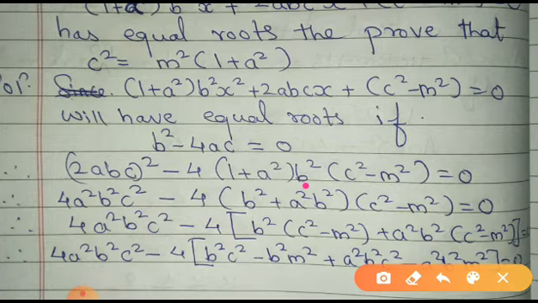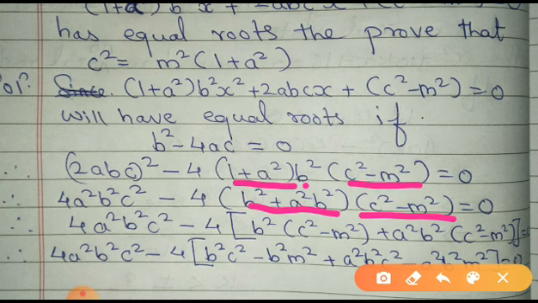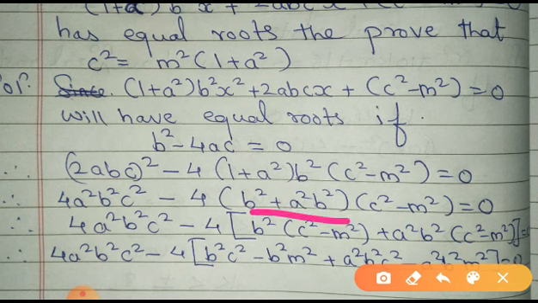This b² I have multiplied inside the bracket, so it becomes (b² + a²b²), and this bracket as it is. Next step, these two brackets should be multiplied, so make use of the distributive property: b² into this, plus a²b² into this again, and simplify it.